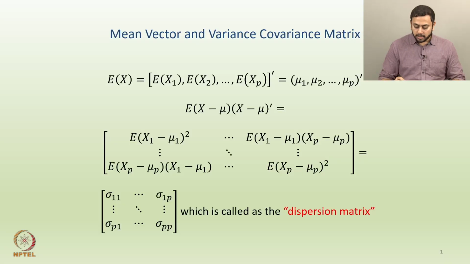A random vector is nothing but a collection of several random variables, let's say x1, x2 up to xp. Each one of these is a random variable, so x1 is a random variable, x2 is a random variable, xp is a random variable, and hence a collection of such p random variables would be called a random vector.